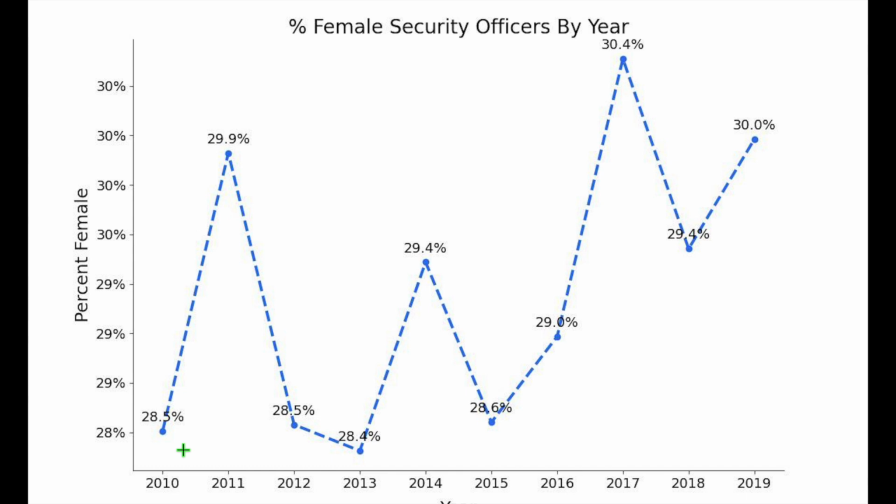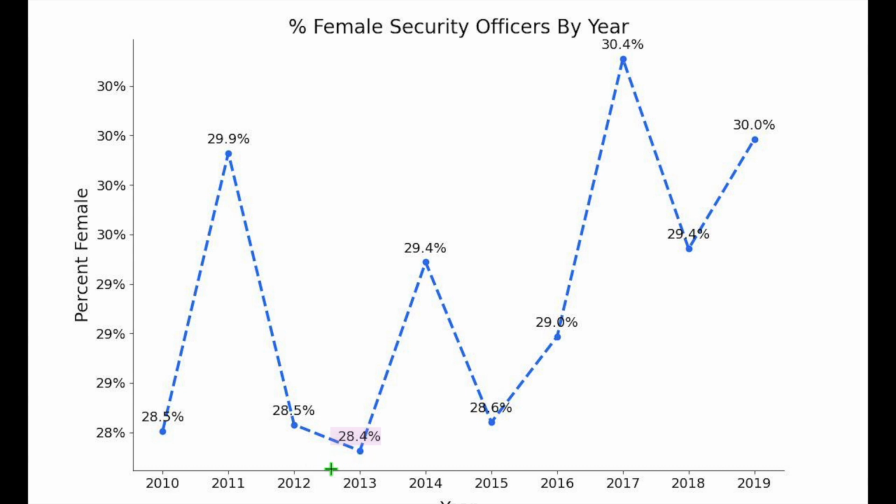Let's do another example. So this blue dot here, year 2013, is 28.4%. And there's a problem here.